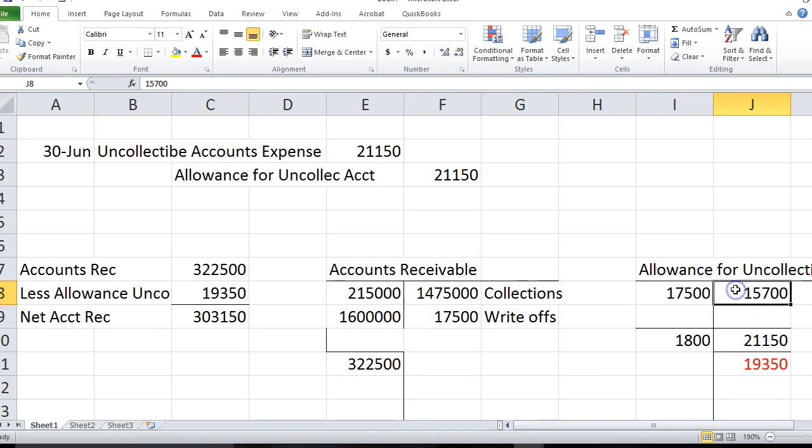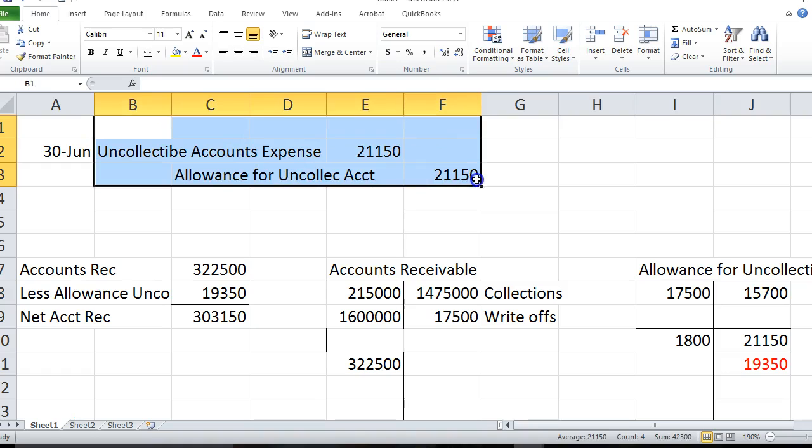Now, under here, we had started our credit of 15.7. When we wrote off 17,500 in accounts receivable, if we credit something, we have to debit something else. Once we write them off by crediting accounts receivable, we then have to debit our allowance for doubtful accounts. Remember, the initial journal entry shows our uncollectible account expense, and we credit our allowance.